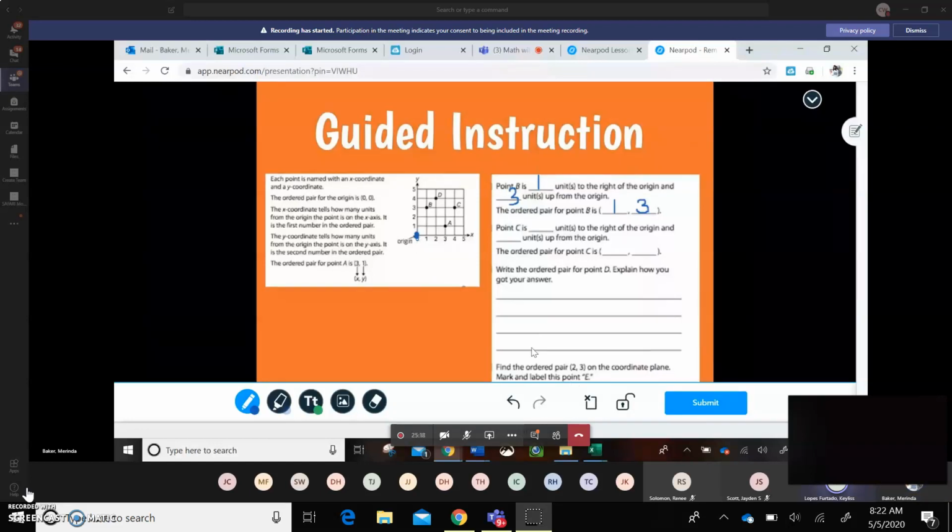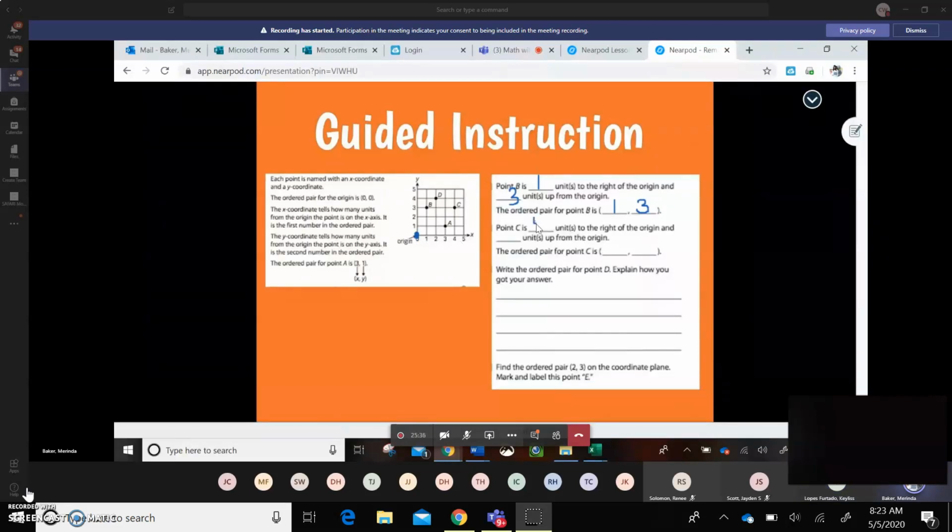Yeah, we're going to start at the origin. And how many units to the right should you go to get point C? 4 times. Okay, let's start at the origin. 1, 2, 3, 4. Okay, yes, I'm going to put my 4 in the blank.